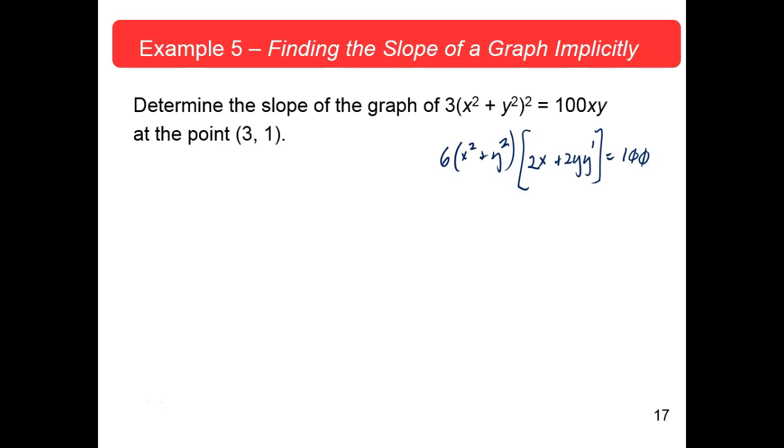Is it 100y prime? That's the product. Let me just do the xy separately. Take its derivative. The 100 is just a constant. I got it out front. What's the derivative of xy?